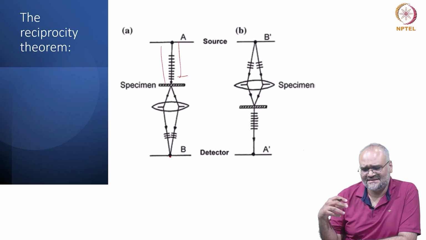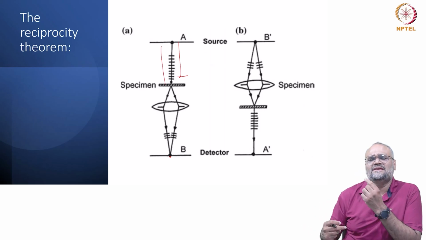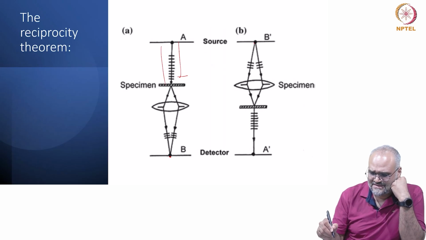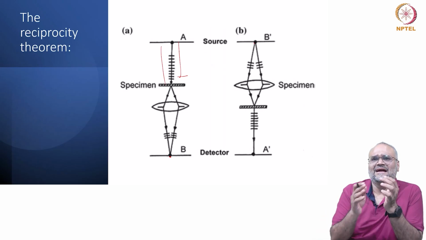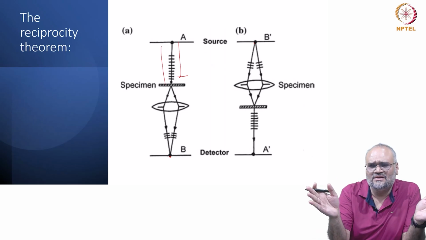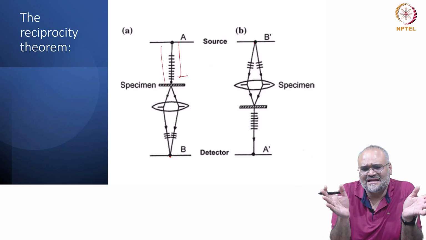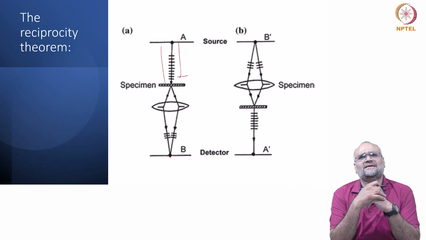Whereas in the STEM mode I am doing the converse or the opposite. I have a spot now which is incident on the specimen, and it is kind of diverging like a cone, and by collecting the summation of all these divergent electrons I am kind of constructing the image.